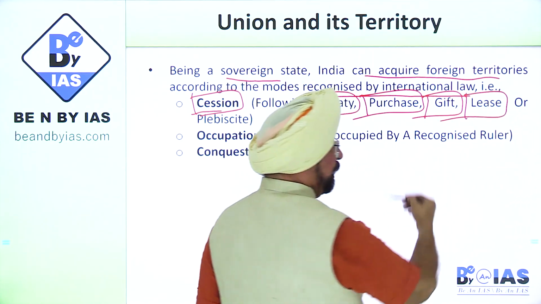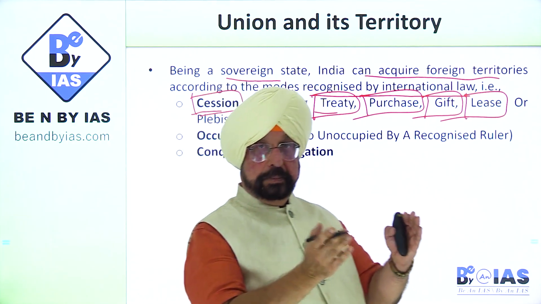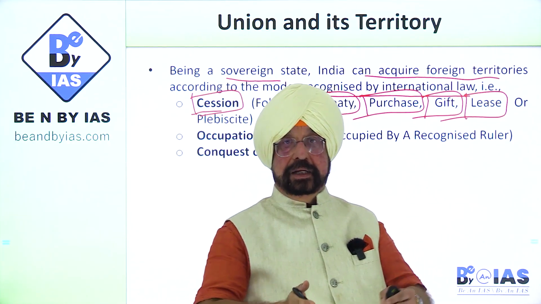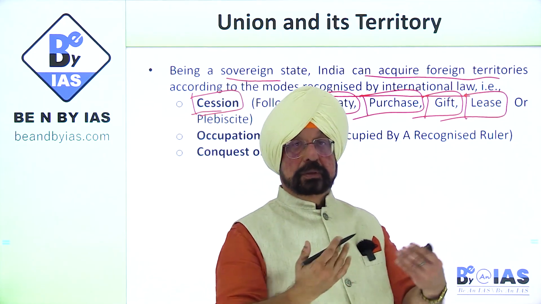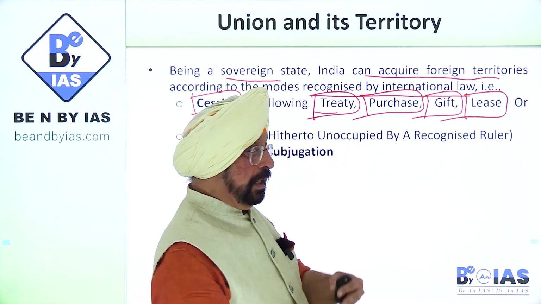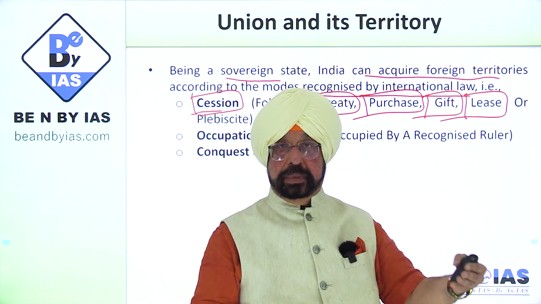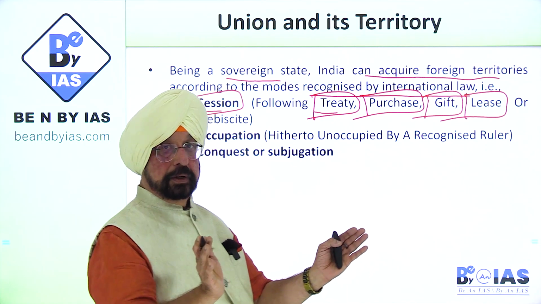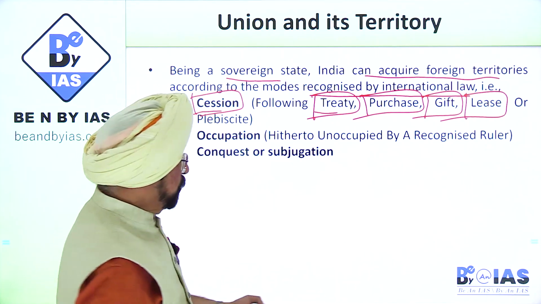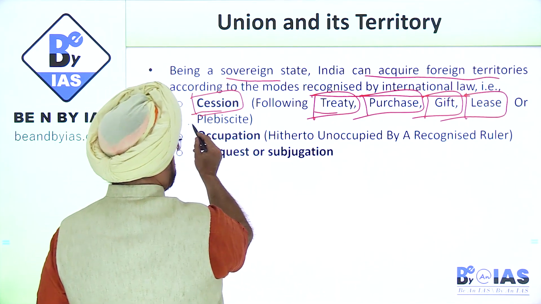Lease is like, for a certain period of time, it's like you are renting out. You do not give the right of ownership, but you give the right of possession for a certain period of time on certain conditions. Or plebiscite.